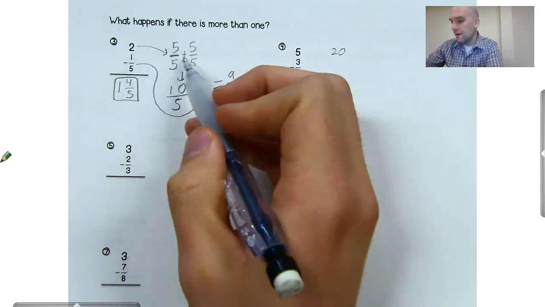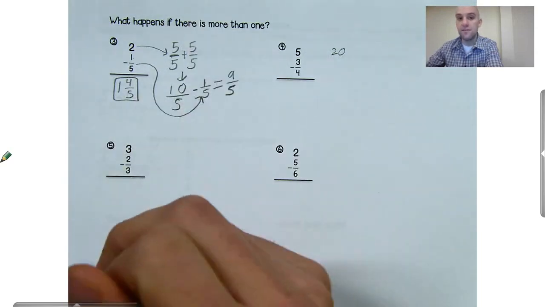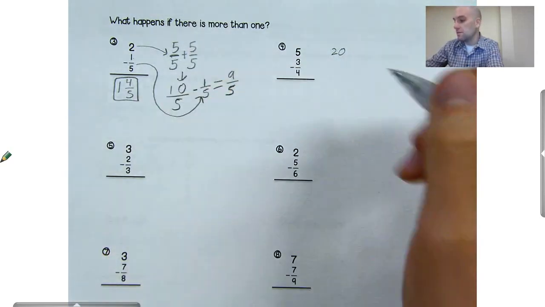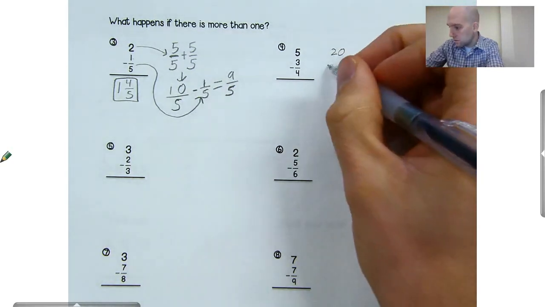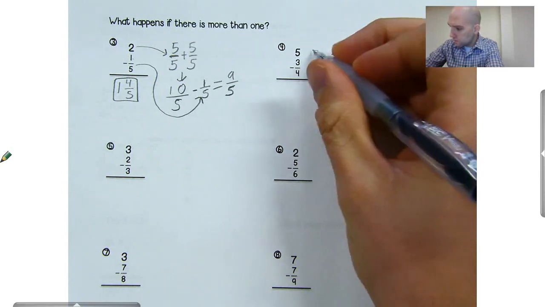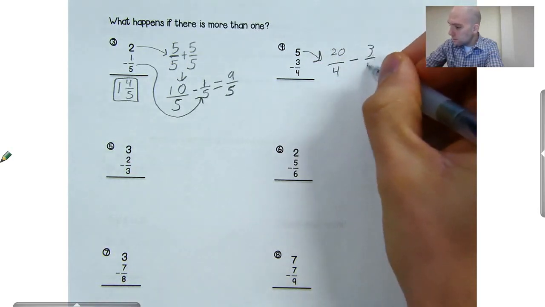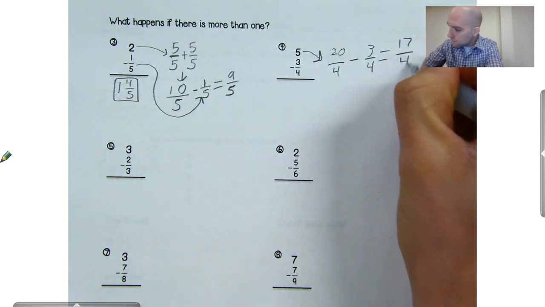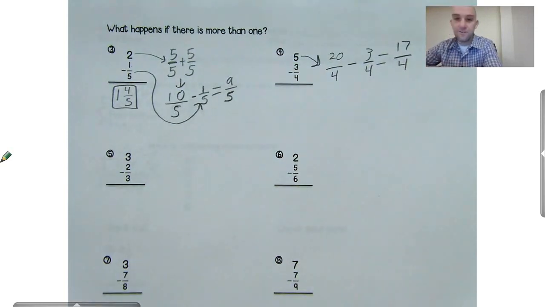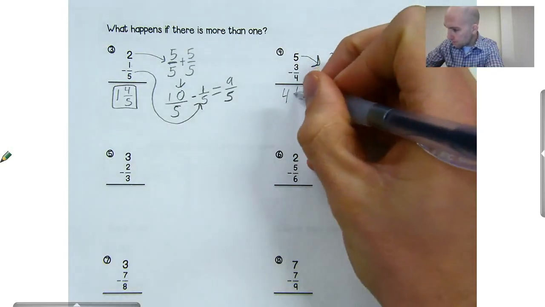We have 5/5 2 times. 2 times 5/5 is 10/5. 4 times 4/4 is 20/4. So 5 becomes 20/4. Then we subtract 3/4, and we'll end up with 17/4. Well, 4 goes into 17 4 times. That would give us 16 with 1/4 left over. So we're going to have 4 and 1/4.